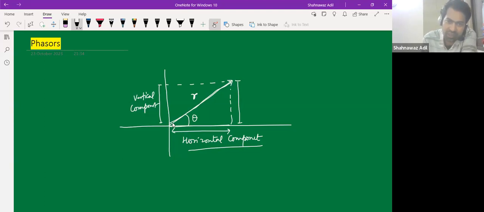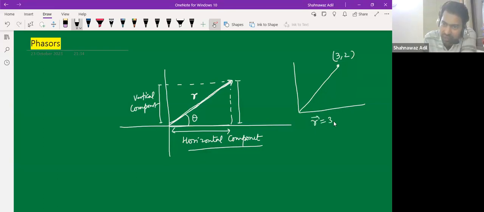So whatever is the magnitude of this vector, in the resolution of vectors, we can write it in the x component. Let's say that we have this vector which is 3 and 2. We can write this as 3i plus 2j. It will have this 3 and this y component which is 2.